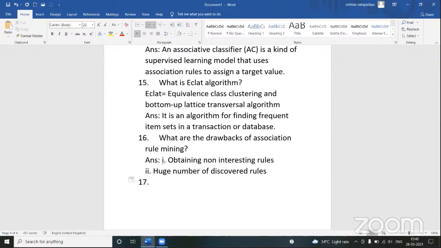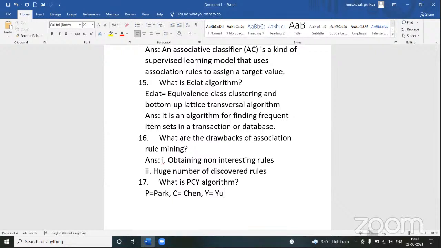What is PCY algorithm? Actually in PCY, P stands for Park, C stands for Chen, and Y stands for Yu.